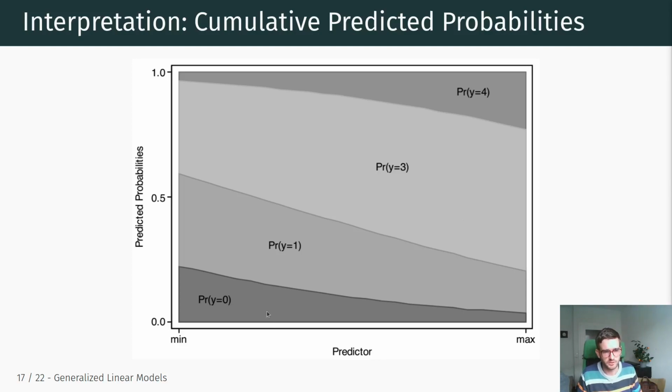So for example, we could create these stacked or cumulative predicted probability plots where we compare a predictor that is increased from its minimum to its maximum, and then for each of those values of the predictor we could compute the predicted probabilities for each of those individual categories from y equals 0 to y equals 4, for example, right?